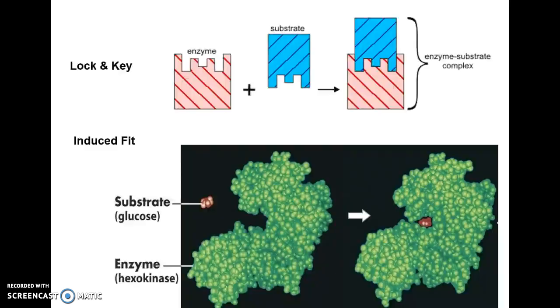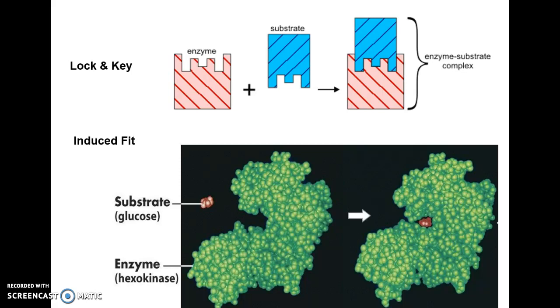So what is an active site? It is a site that is specifically shaped such that the substrate is going to bind with it. So the substrate has different chemical structure, and that chemical structure may have charges or a physical structure that is going to fit neatly inside of the active site.